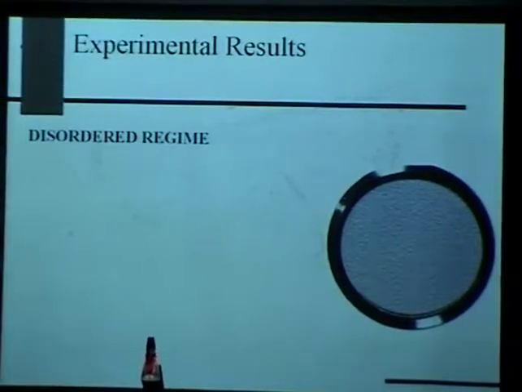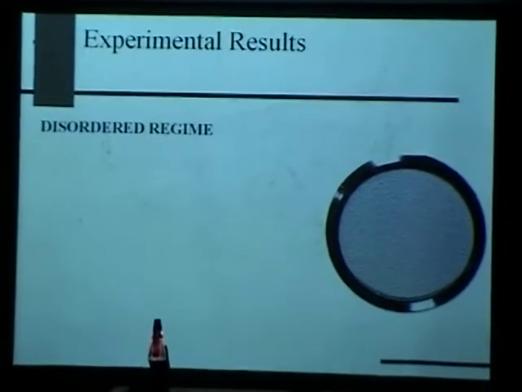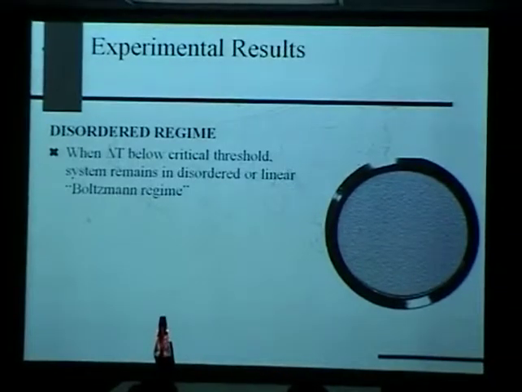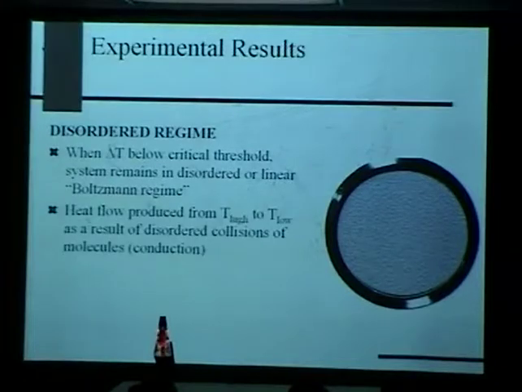Well, when the temperature gradient is low, when there's not a big temperature difference from below and above, you get what Boltzmann expects to happen. When the temperature gradient is below some critical threshold, the flow of thermal energy from the bottom of the liquid to the top is a very disorderly flow.